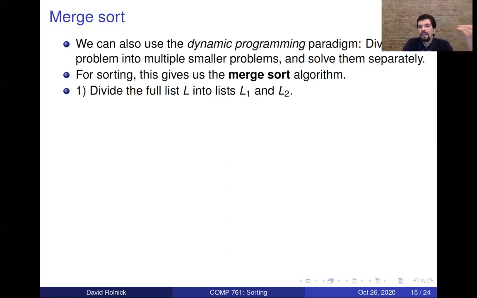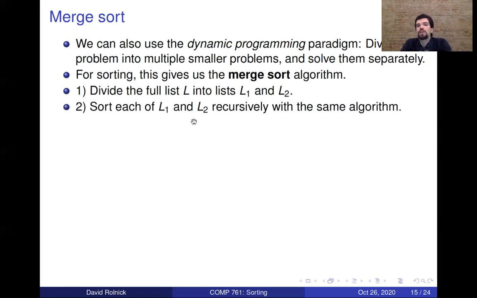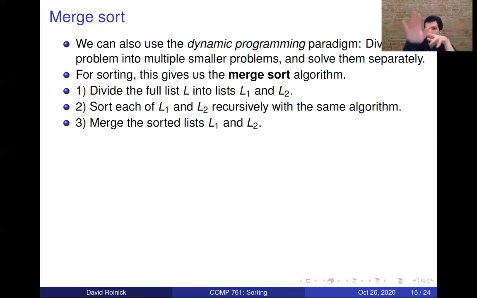We're going to divide the full list into lists L1 and L2. We're going to sort each of L1 and L2 recursively with the same algorithm, and then we're going to merge the sorted lists, keeping them sorted so that we end up with something that is in the end sorted.